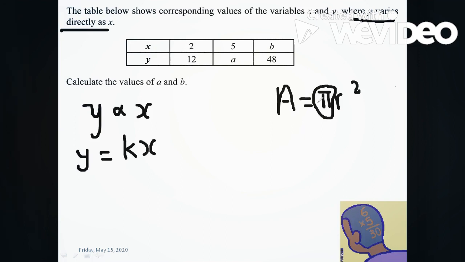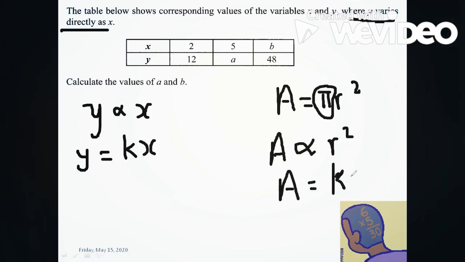So before it was pi r squared, it would probably look something like this: A is directly proportional to r squared. They did some investigation and put a k there because they didn't know what to call it, and ran some experiments to figure out what k was. Turns out that k was pi. When they found the value of k, which is pi, the constant, they put it back in the original equation. All right, so likewise, we're going to do the same thing.